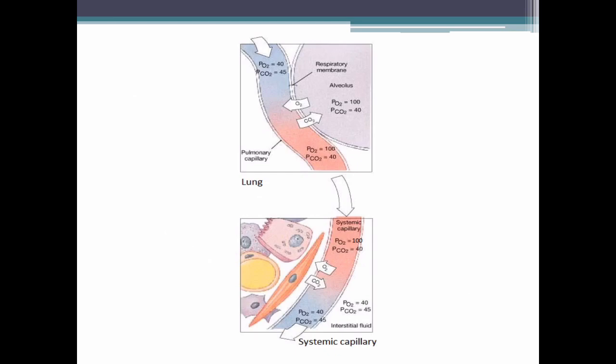In the second picture, you can see from the pulmonary capillary it is given to the systemic capillaries, transported through the aorta to the different parts of the body, and when it reaches the small cells, the capillaries give oxygen into the cells and carbon dioxide, which is the by-product of the metabolic activities, is given to the systemic capillary. Again, the systemic capillary gives it to the heart.